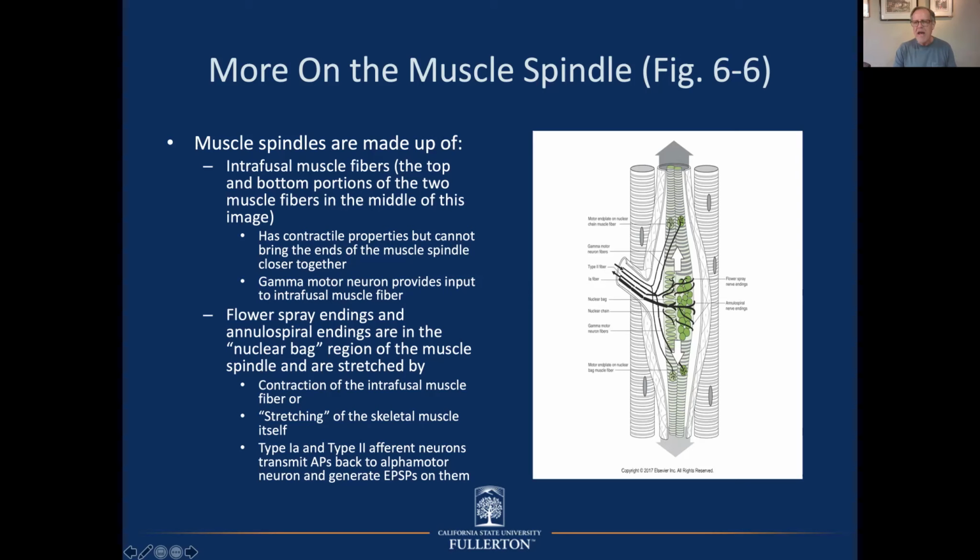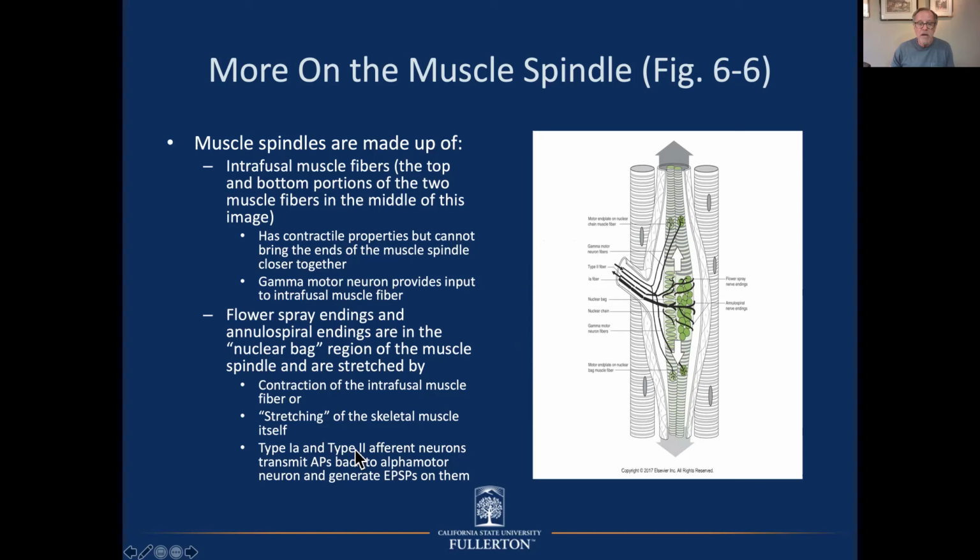But if you just think about it, you can imagine you're going to start to pick up a load and there is a weight. And that weight is going to be experienced by the muscle as stretch. Microscopic amount of stretch, yes, it's very small, but it's experienced as stretch. And that stretch is then picked up by the receptors in this nuclear bag of the muscle spindle, and action potentials will be sent back to the cord via those afferent fibers.